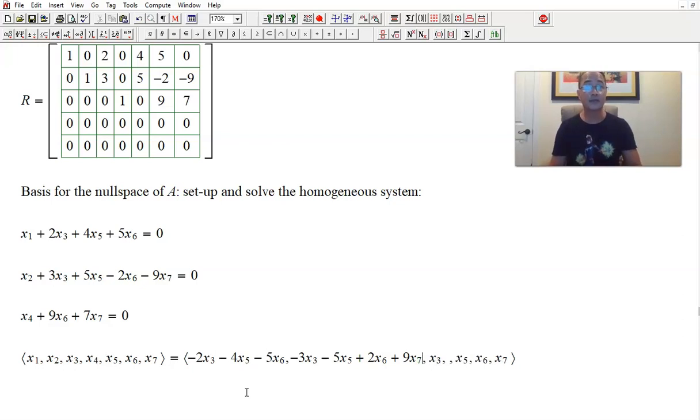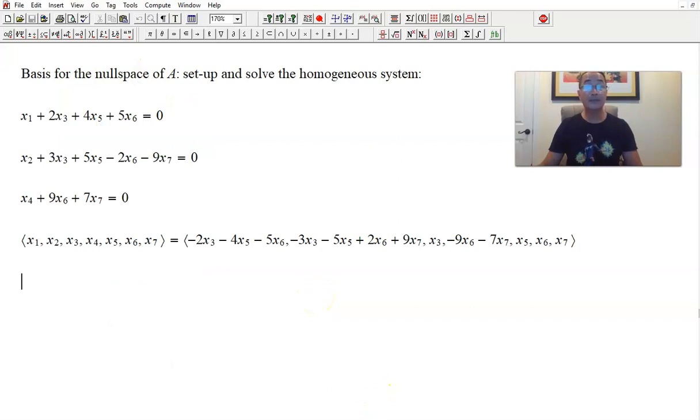All right, x3 is free. Solve for x4, which is negative 9x6 minus 7x7. Okay, so that is our solution vector.